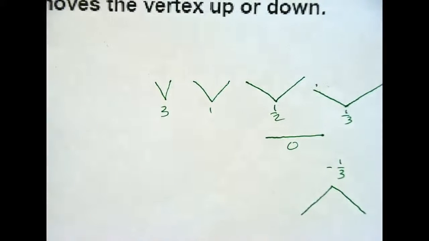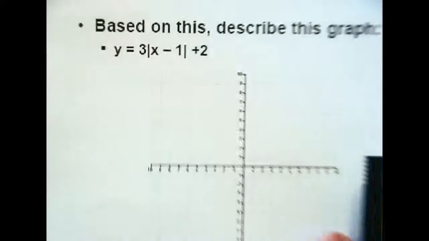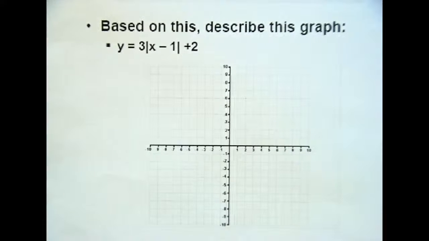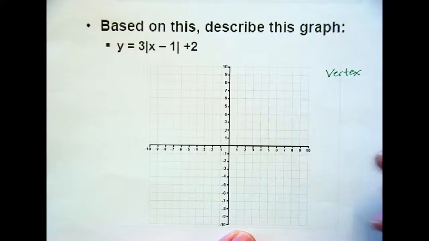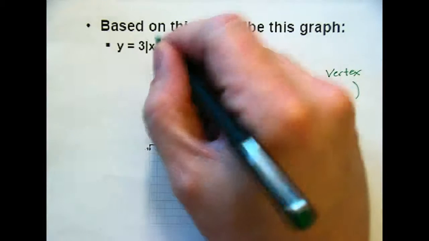All right. Hey, let's see if we really understand. I want you to try to graph this problem. Last one that we're going to do together. Try to graph that one, please, based on what we've done so far. Identify H, K. First thing to figure out is the vertex. Vertex is our H, K. What's our H in this one? 1. Good. It's opposite of this, so it's 1.